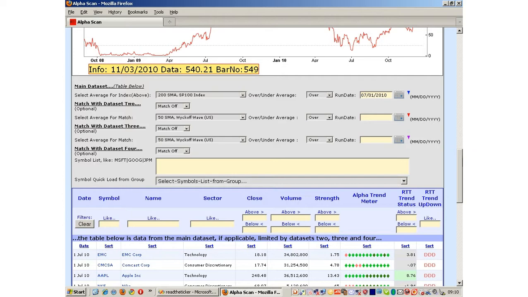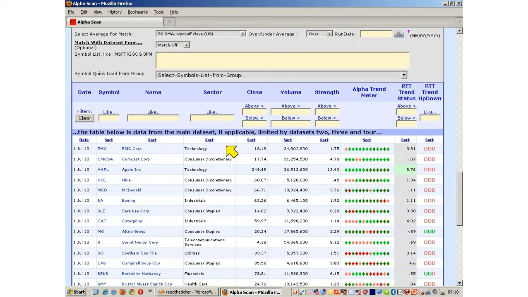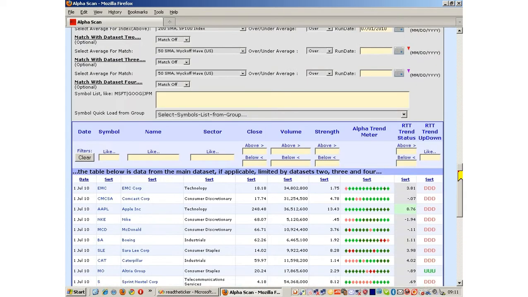I do that. Below here, you see the status of the stocks within the S&P 100 and the alpha performance. Now, as we discussed previously, the hottest alpha sector is consumer discretionary. So we want to look at consumer discretionary only.